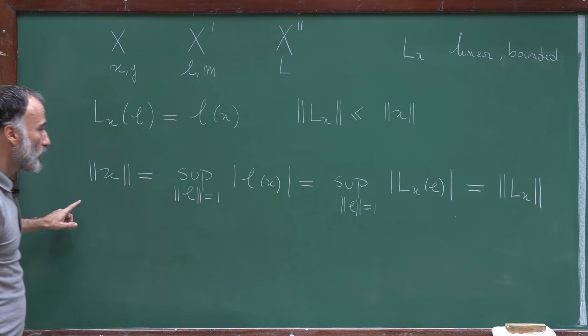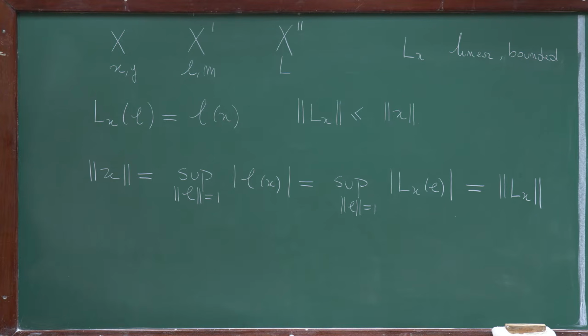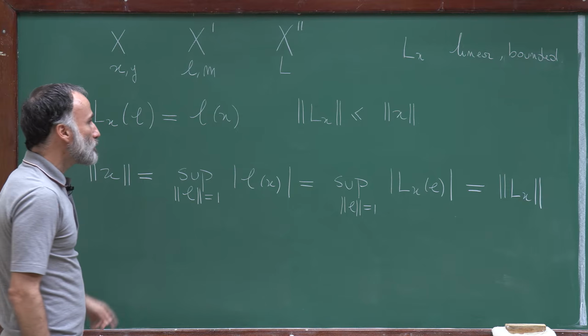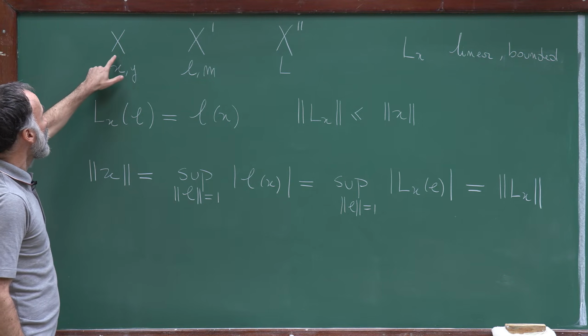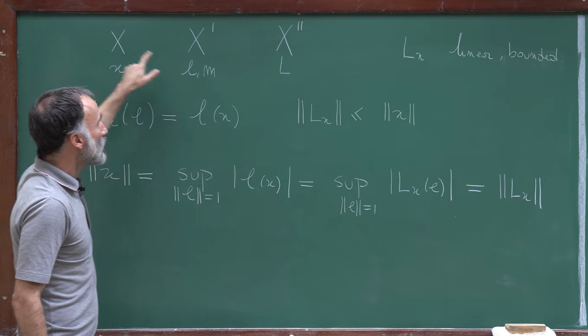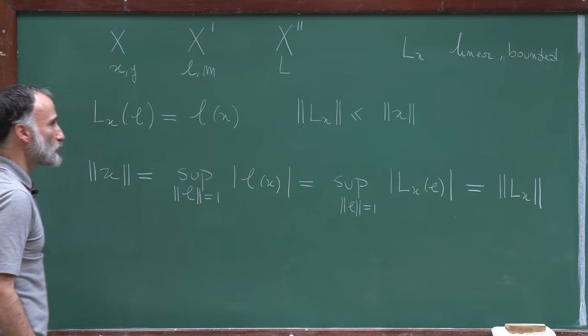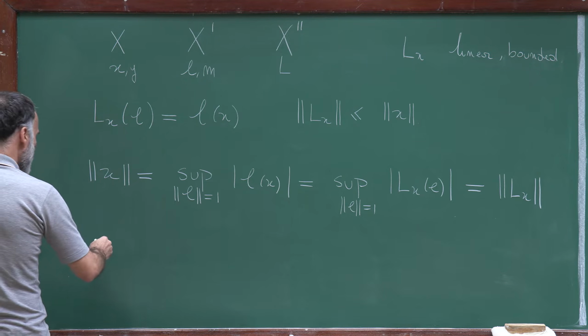So we have the identity I claimed, and this means that we can actually think of X as a subset of X double prime.